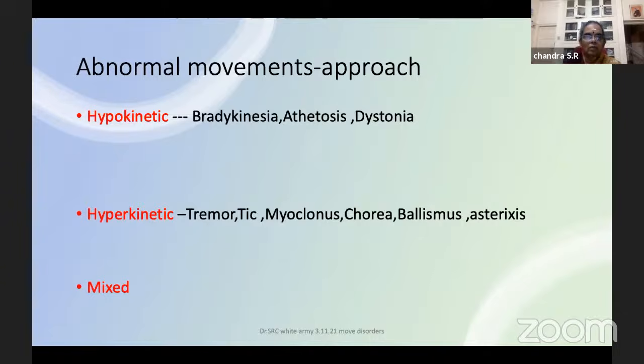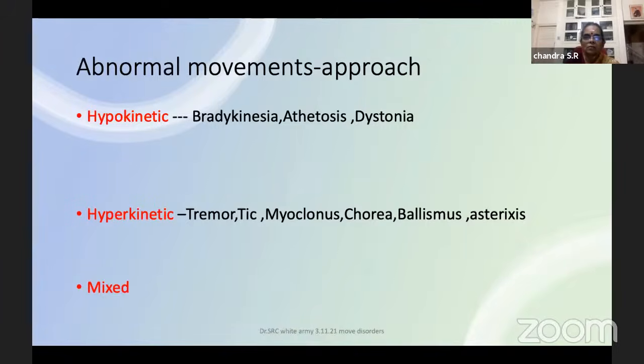So now we know the movements can be hypokinetic movement, hyperkinetic movement, or a combination. So abnormal movements can be hypokinetic. Under that, bradykinesia, athetosis, and dystonia. These are abnormal movements which are slow, and abnormal movements which are fast may be tremor, tic, myoclonus, chorea, ballismus, asterixis. These are all hyperkinetic movements, and you can have a combination of hypokinetic and hyperkinetic.